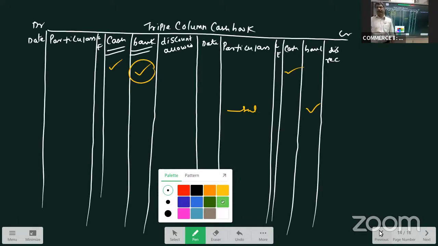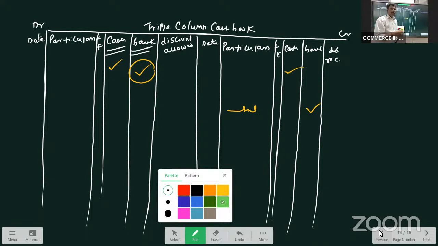What is the exception I'm saying? Any transaction will either appear on the debit side or will appear on the credit side. In these problems, what I have solved, we have not seen any transaction appearing both on debit side and credit side. Isn't it? Because it will be either an inflow. If it is an inflow, write it on the receipt side, debit.